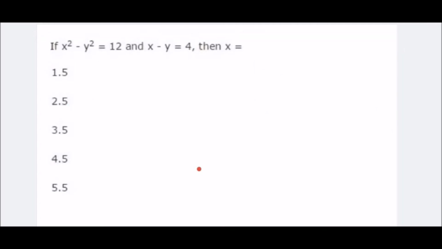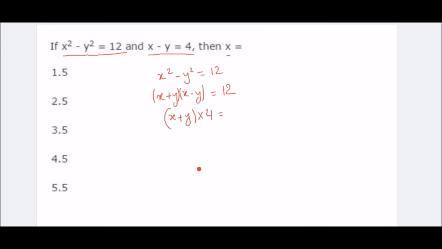So our next question is, if x square minus y square is equal to 12 and x minus y is equal to 4, then we have to find the x value. From the first equation, x square minus y square equals 12. So x square minus y square becomes (x plus y) and (x minus y) is equal to 12. x minus y is already given, that is 4. So (x plus y) into 4 is equal to 12.